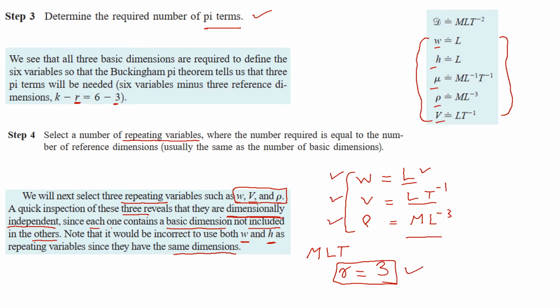This was our step 4, which was very important, because in this step we need to analyze the dimensions of each of the variables and select those that are dimensionally independent. And as you already know, dimensional independency means that each of these variables must have a dimension that is not included in the others. So now let's move on to our step 5.